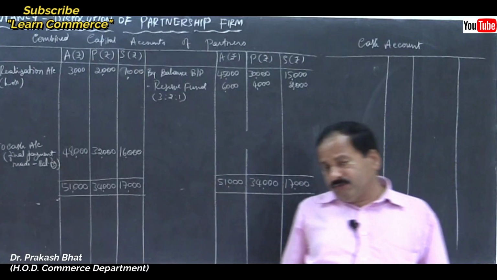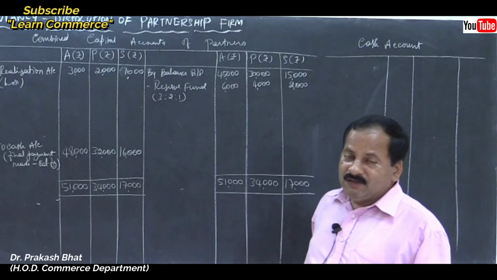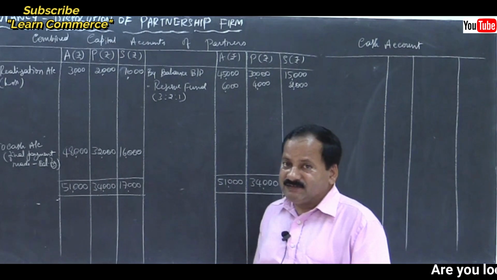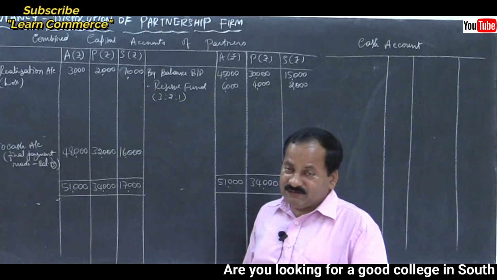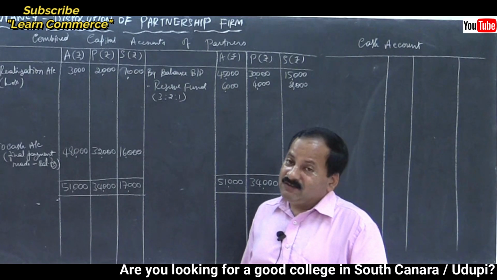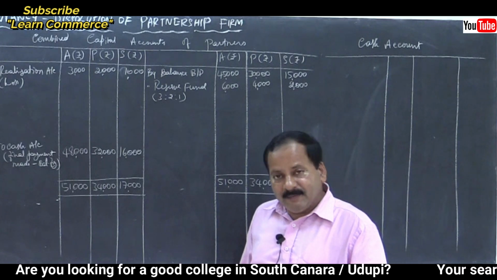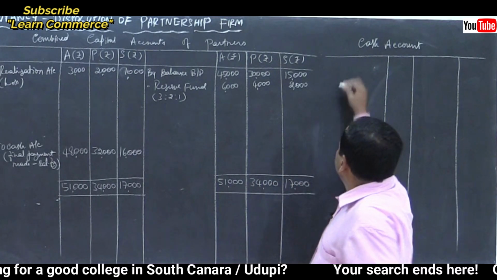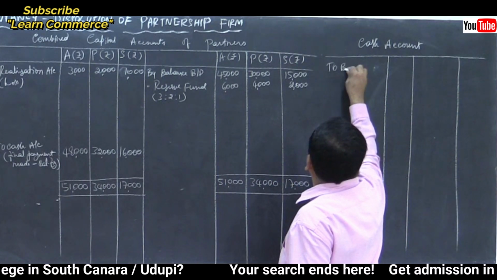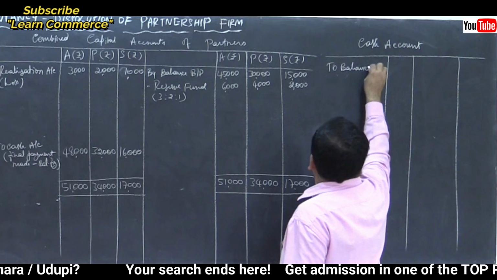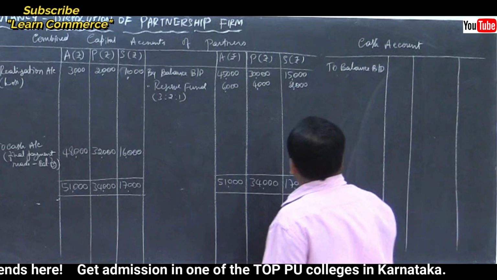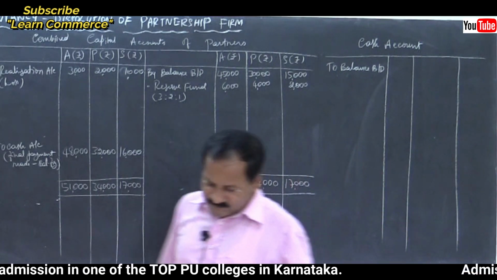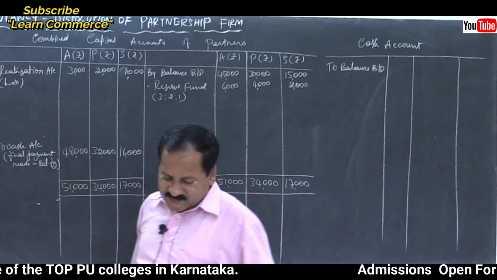Cash account always appears on the asset side. All assets show debit balance. So cash account always shows debit balance. To balance brought down. How much is it? 6,000.